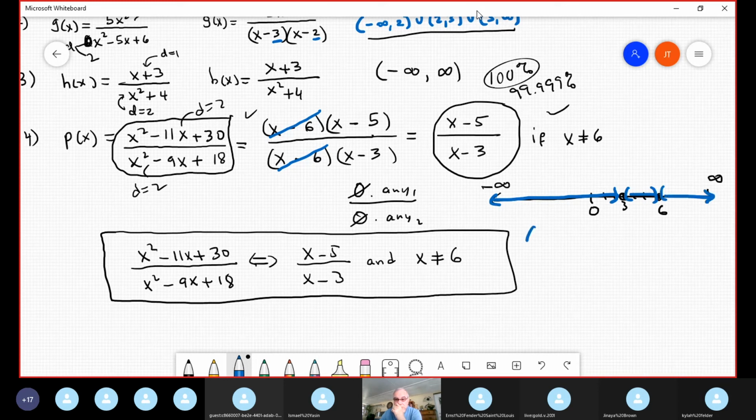The domain is negative infinity, 3, union, 3, 6, union, 6, infinity. This is the domain of the original, given in the problem.